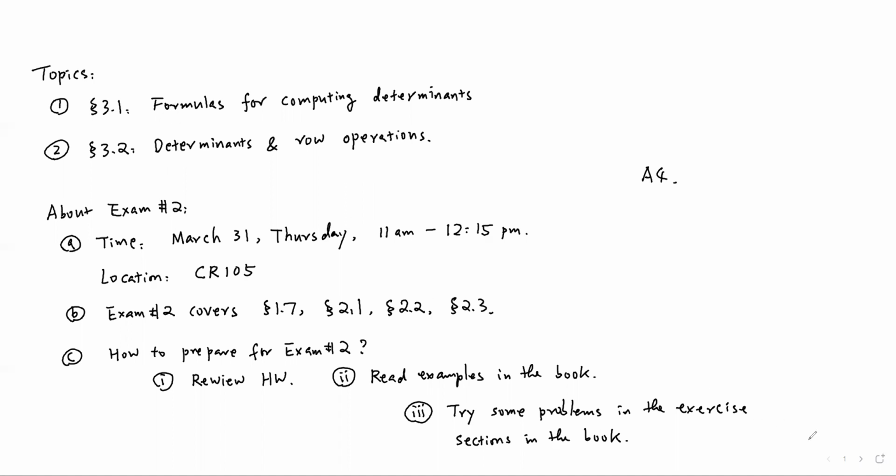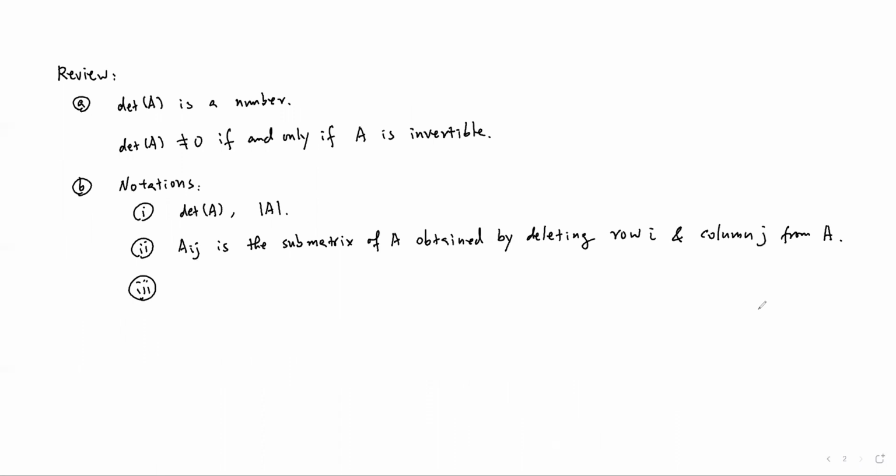Take a review first about what we learned in the last class. A determinant is a number. This number determines whether a matrix has an inverse.